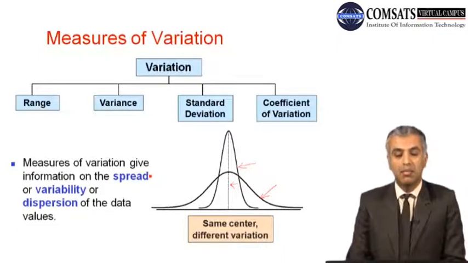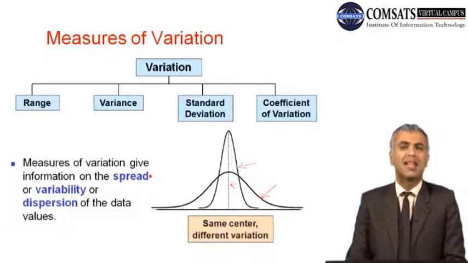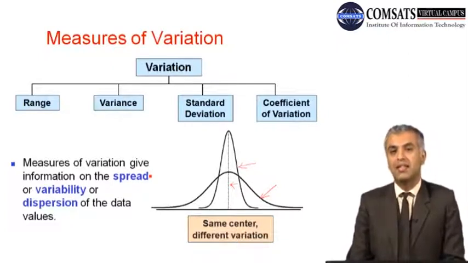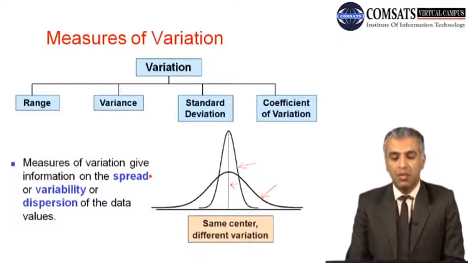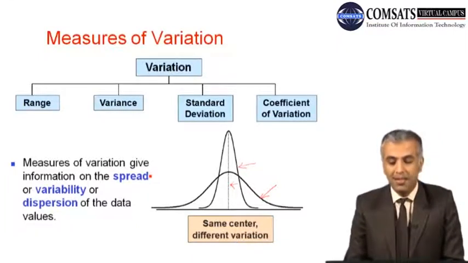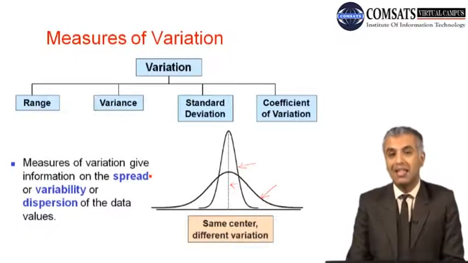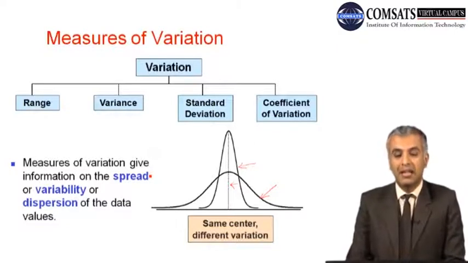The important thing is that this whole dispersion and variability concept is calculated by taking the mean of that specific data set as a reference. Once we take that mean as a reference, we try to find out how much the data is spread around that mean, and based on that calculation all these four different measures are calculated.